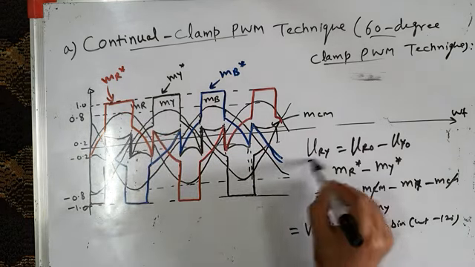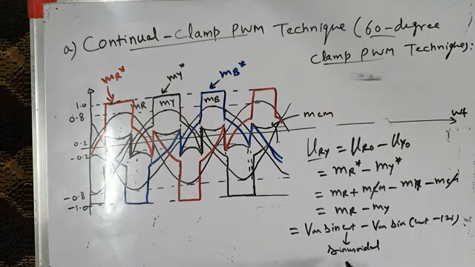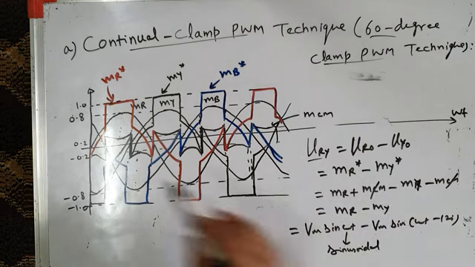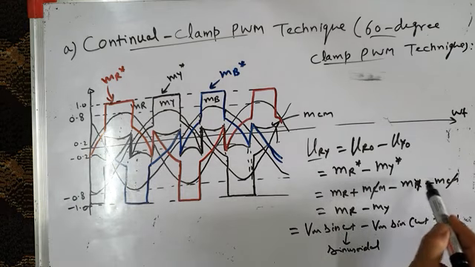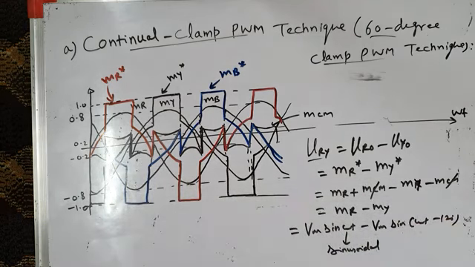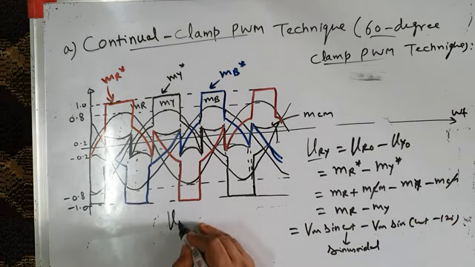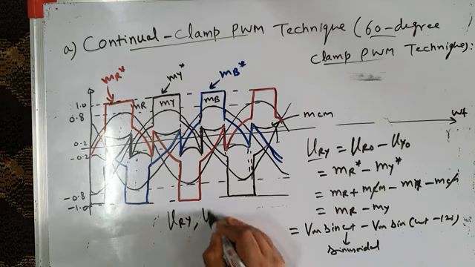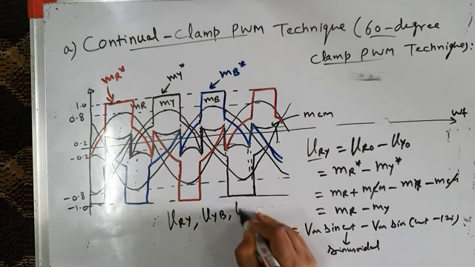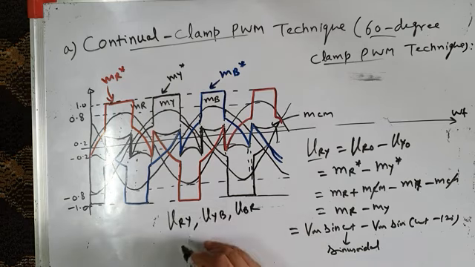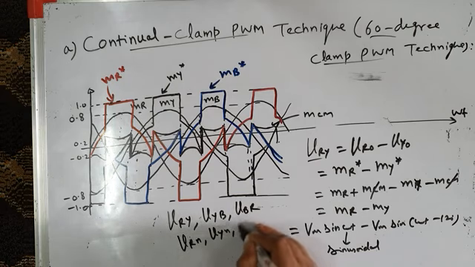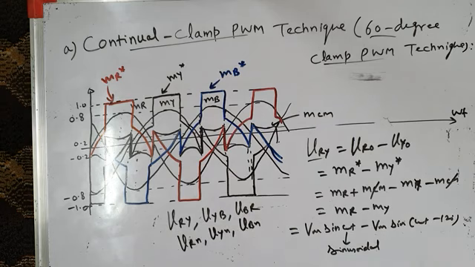But as far as my line voltages are concerned, they will still be sinusoidal, because in the line voltages this common mode signal will cancel. MCM minus MCM does not appear in the line voltages. So therefore my three line voltages VRY, VYB and VBR are sinusoidal. Similarly, my phase voltages VRN, VYN and VBN are also sinusoidal. Only pole voltages get distorted.